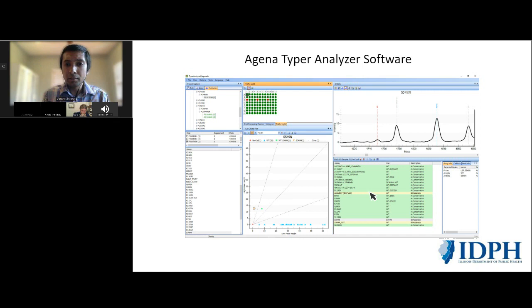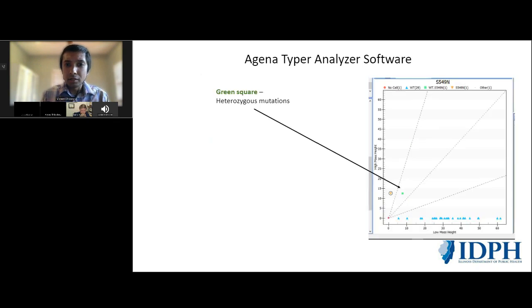So zooming in a little bit more on the plot, this provides a really good snapshot of all of the specimens tested for a given mutation. So you can see that, for example, the mutation S549N. You'll see that the green squares here indicate heterozygous mutation, and they typically fall between the 2 dotted lines on the outside.